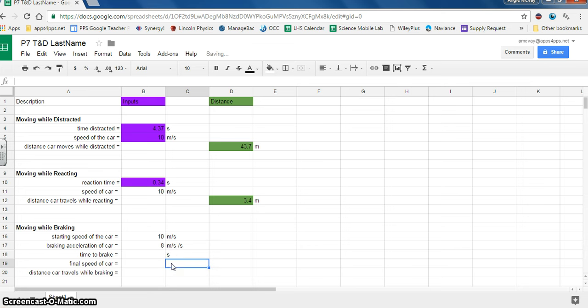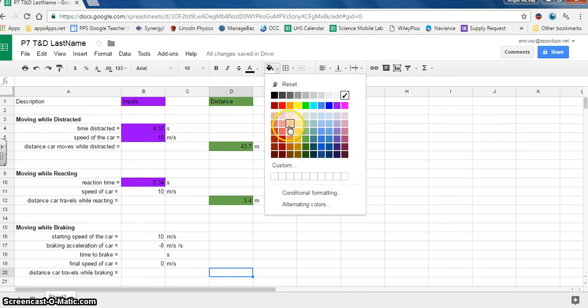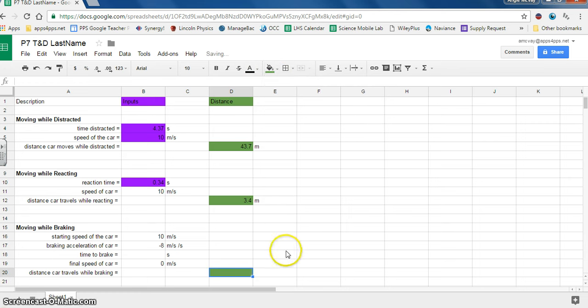The final speed of the car is in meters per second, and we actually know what that is: the car eventually will come to a rest at a speed of 0. And then the distance the car travels while braking will also be calculated. That will be a distance, so it'll be green in our distance column. I'll fill that in as green. It'll be in units of meters.